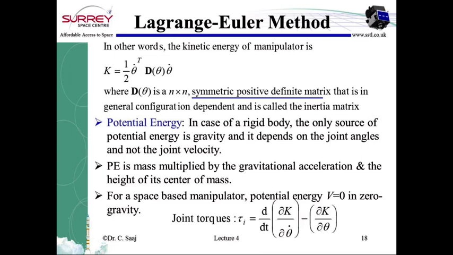One downside of the Lagrange-Euler method is that in terms of the computational load, the computational complexity is of the order of n to the power 4, where n is the total degrees of freedom.